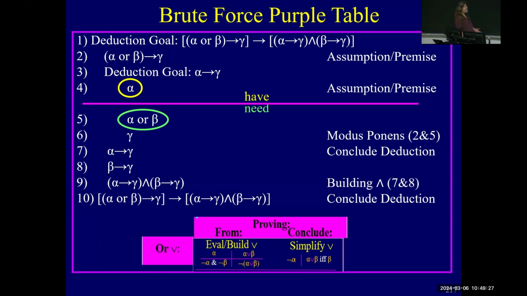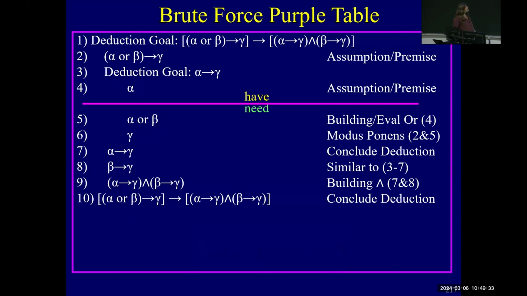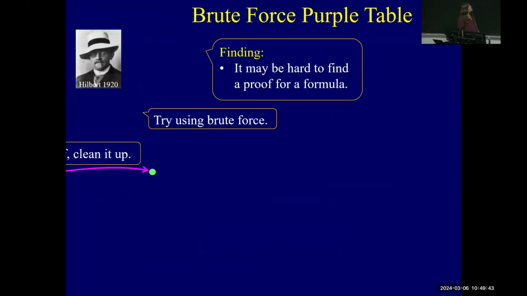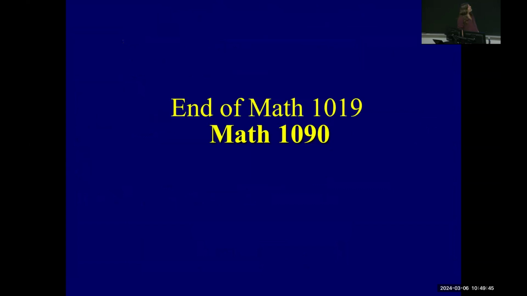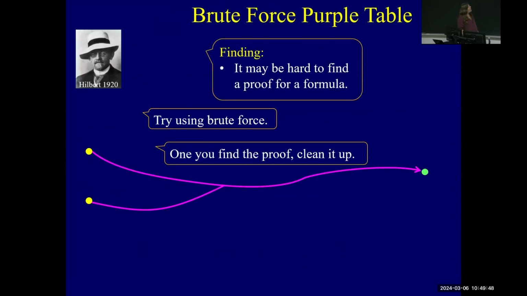Everybody good with that? And then we have to do the other one, right? So here I just say the other one was similar to the first one. Right? Everybody good? Oh, and then we get into there was that harder one which we don't need to cover now.